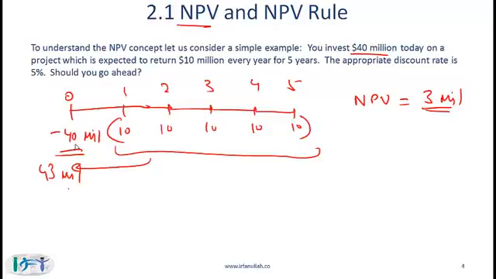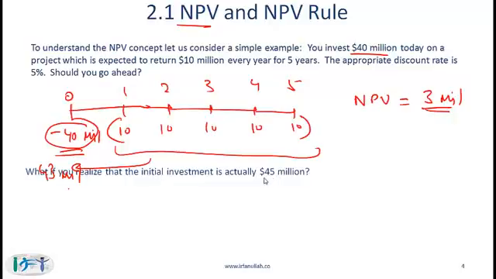And this clearly is a good thing because you are investing a certain amount, 40 million in this case, and the value today of what you will be getting in the future is more than the investment. So a positive NPV is a good thing. What if you realize that the initial investment is actually 45 million? That would mean that at time zero you spend 45 million and the present value of the future cash flow is still 43 million.